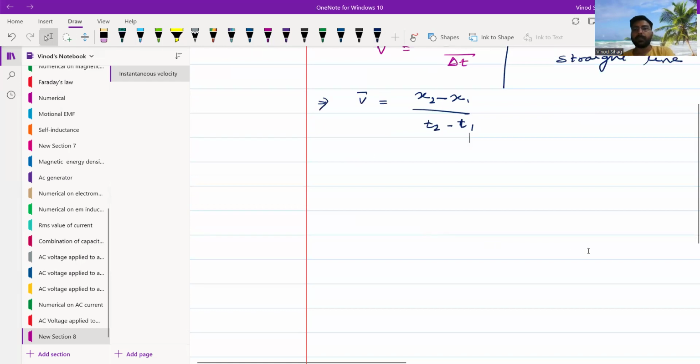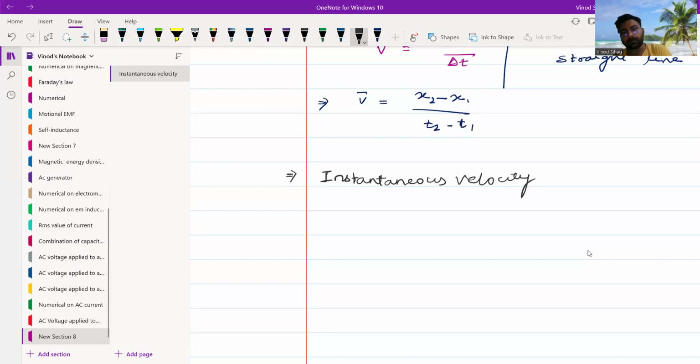This time the instantaneous velocity is denoted by v only, or we can say it is a function of time, then it can be written as v of t. That's how we denote the instantaneous velocity.